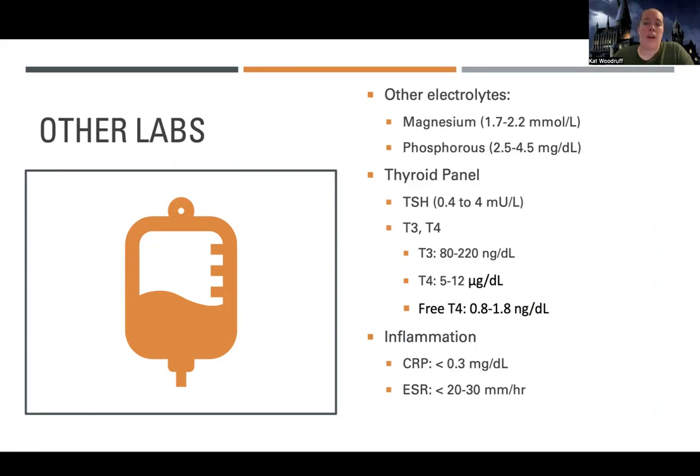Then I have the thyroid panel here, the TSH, and then the T3, T4. And remember the difference here. The TSH is how much hormone that I have. If this is elevated, it's a sign that I'm low on thyroid hormones.